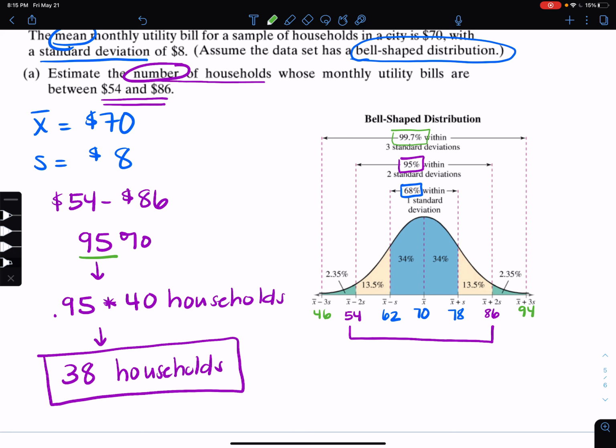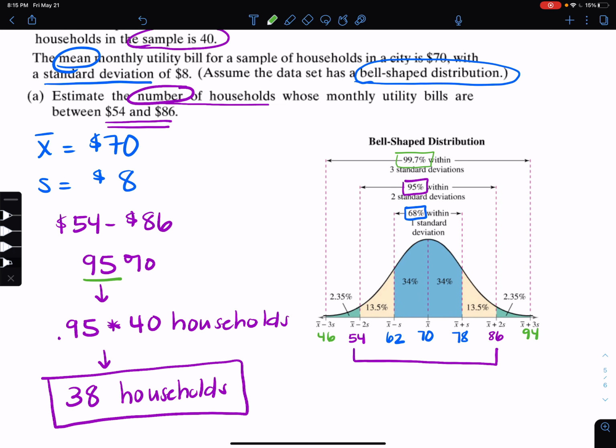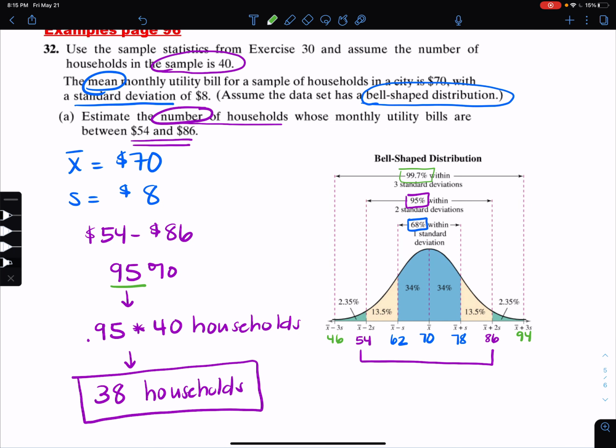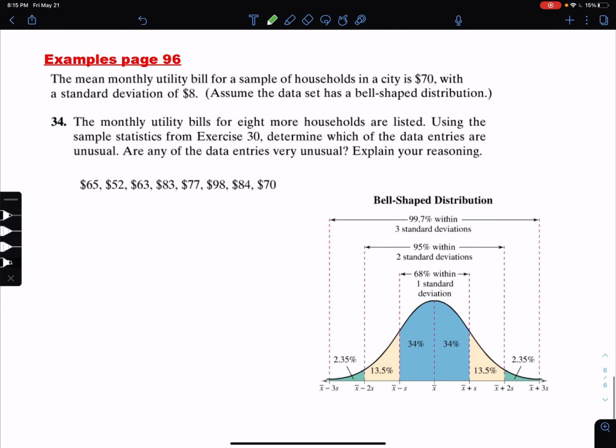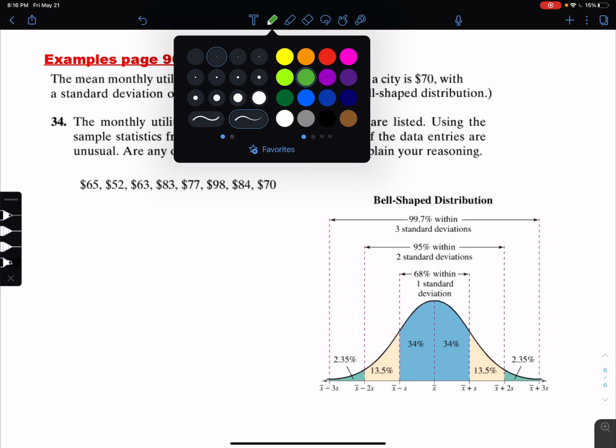Okay, so that's one thing you're going to be doing: figuring out what these 3 intervals look like and using it to determine what percentage or what number of data values fall within 1, 2, and 3 standard deviations of the mean.